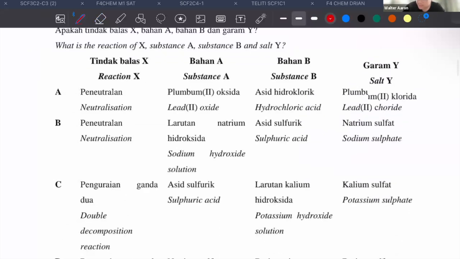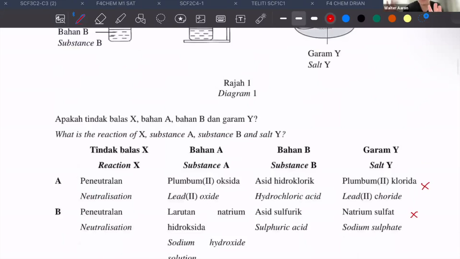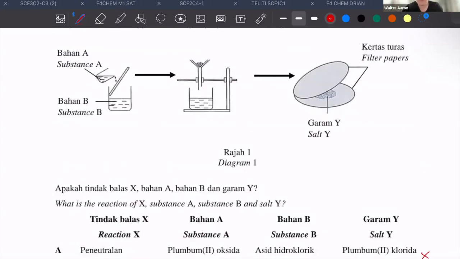So in this case, A and B will be out, because if it's a soluble salt, there must be a heating process to make the solution more saturated, and when you cool it down, you form crystals of the salt. But here we don't see any heating process, so there shouldn't be a crystallization process.